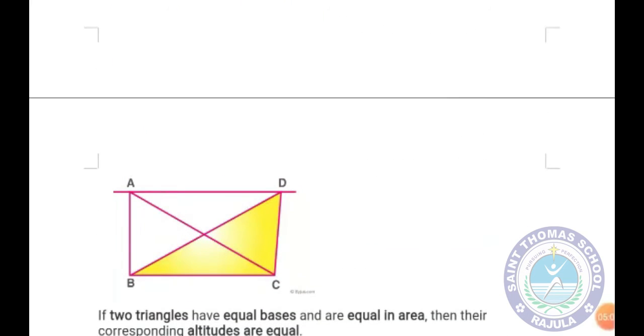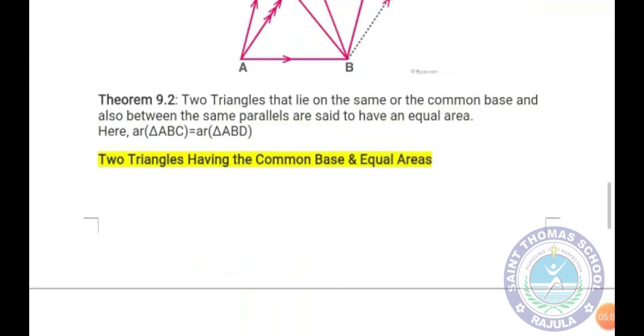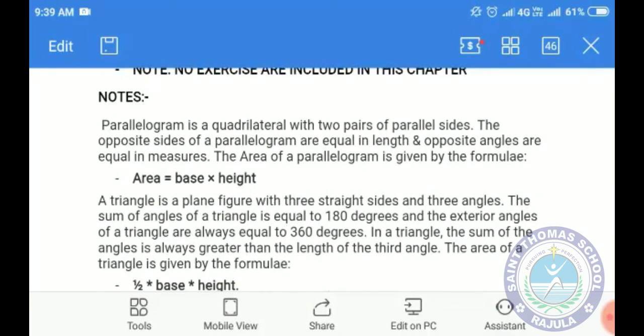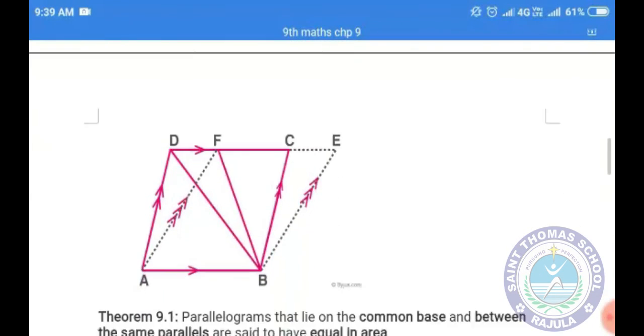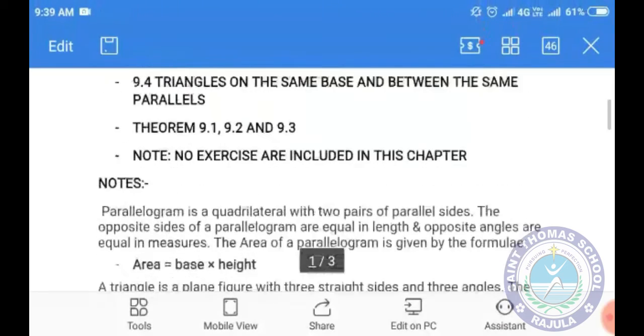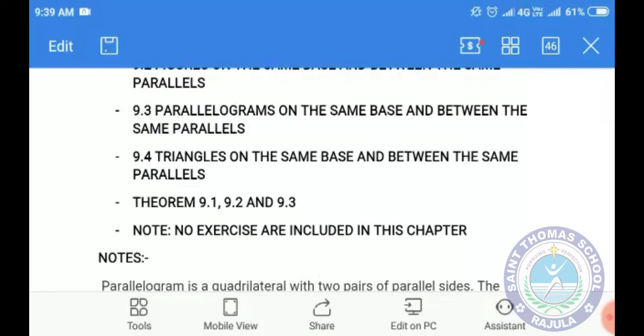So here we are going to end our chapter. In this chapter we have studied three theorems, and on the basis of that we have studied their theory. That is the most important thing that you have to study in this chapter.